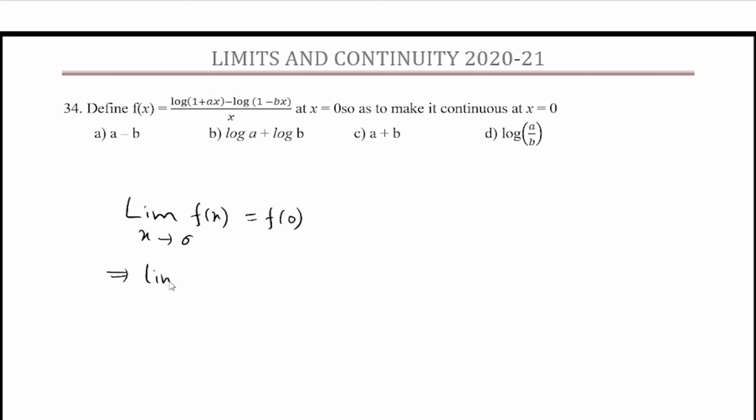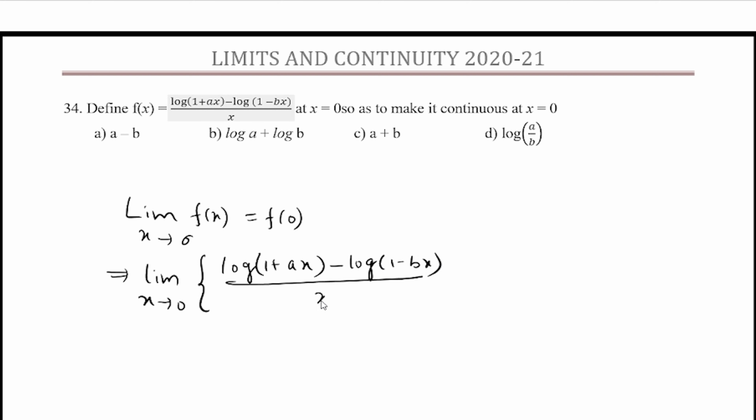This implies limit of x tends to 0 of log of 1 plus ax minus log of 1 minus bx divided by x is equal to f of 0. To find f of 0.